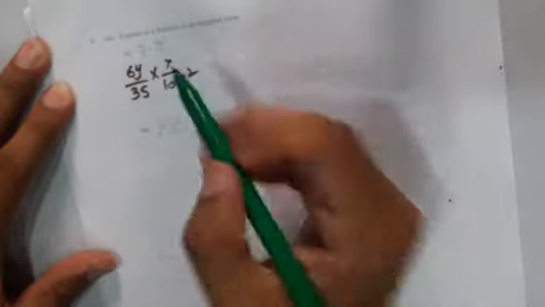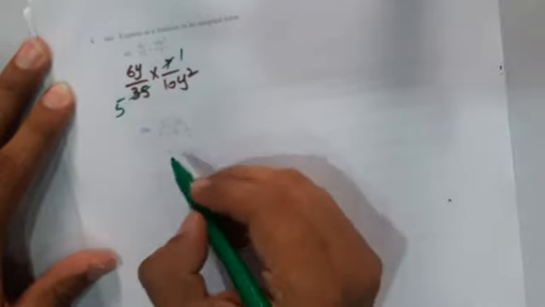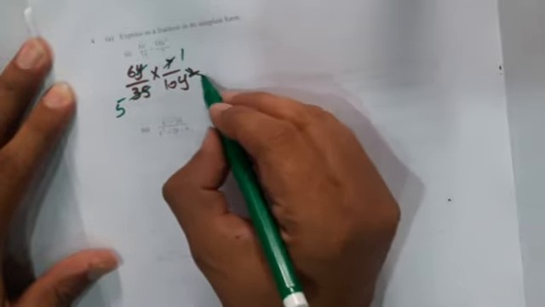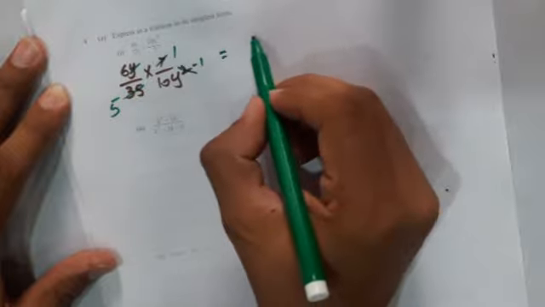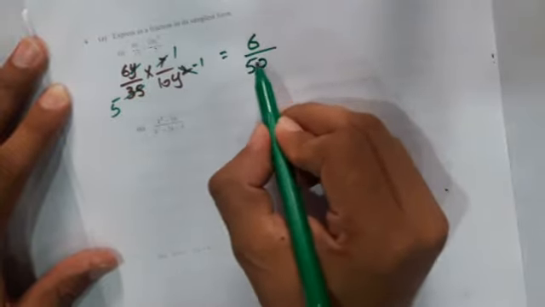This can be cancelled. 7 ones are 7, 7 fives are 35. So this is y, this is y square, it will be cancelled, only a single y, 2 minus 1. Now we have 6 into 1, 6, we have 5 into 10, 50, and a single y.